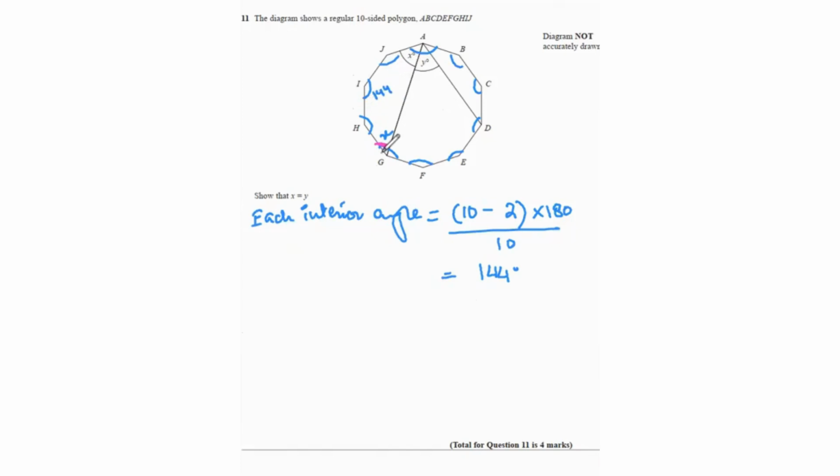For us to find the value of x using this polygon, we need to find the sum of interior angles for this. We have 1, 2, 3, 4, 5 lengths for this. So let me just highlight it. 1, 2, 3, 4, 5.